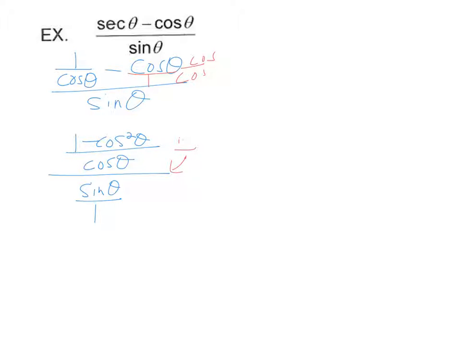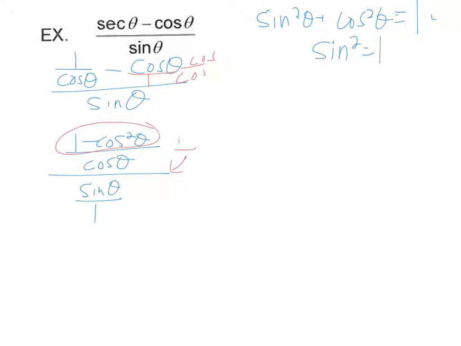And another thing we might notice is the 1 minus cosine squared. If you rearrange the Pythagorean identity that says sine squared plus cosine squared equals 1, if you subtract cosine squared from both sides, you have sine squared equals 1 minus cosine squared.